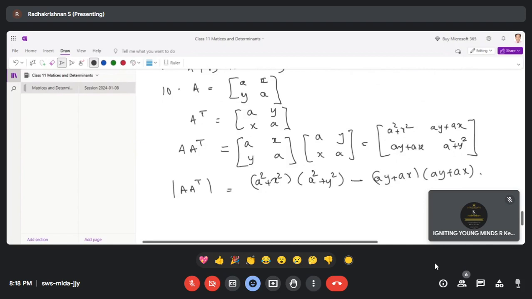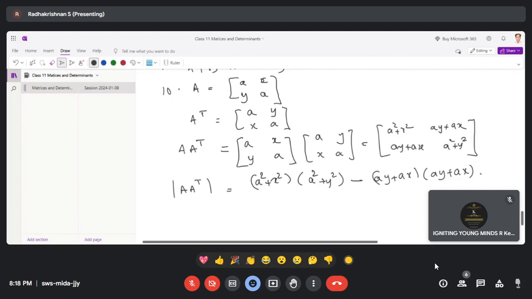And it is given that xy equal to 1. Then now you have to find out a and b, right? No, you don't have to find out a and b. You just find out the value of the determinant of A transpose. Substitute xy equal to 1 and get that value in terms of a.